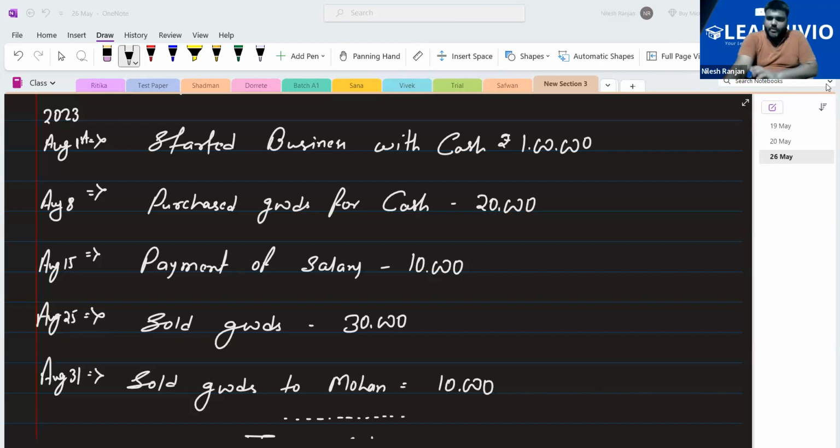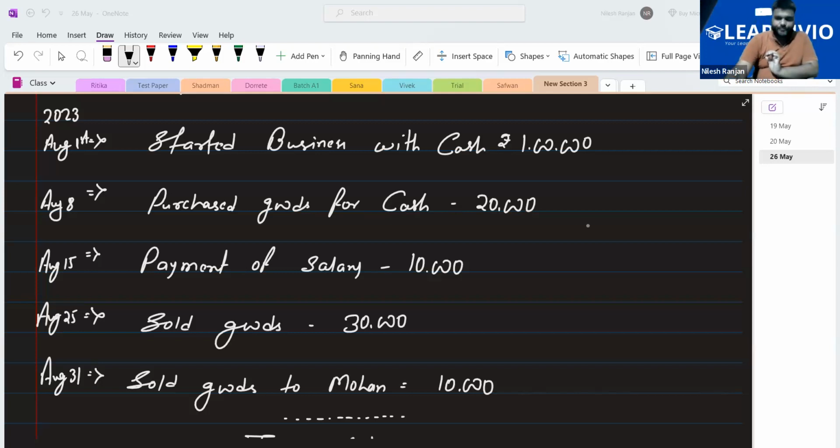Cash goes to capital. So if you're starting the business, yes, for starting the business, cash goes to capital, but we know that there is cash on the debit side because it is received in the business. But this is not the reason behind why capital is credited.